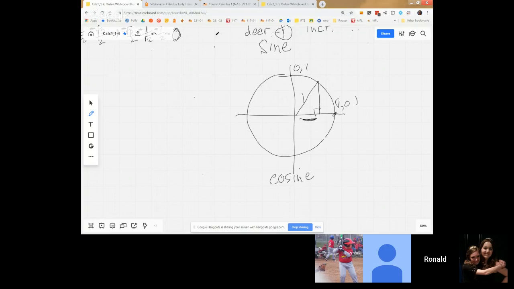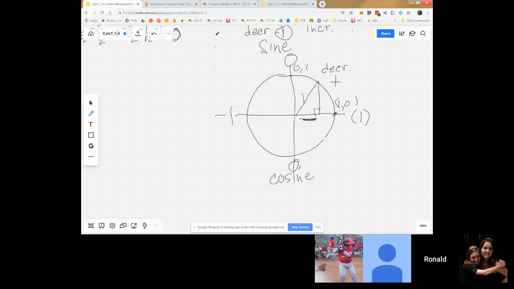And when you start off on the right, that's going to be, when that's all the way collapsed down, it's full width right, so that's 1. Here it's going to be 0. Here it's going to be -1. Here it's going to be 0 again. From 1 to 0, it's decreasing. That's positive.